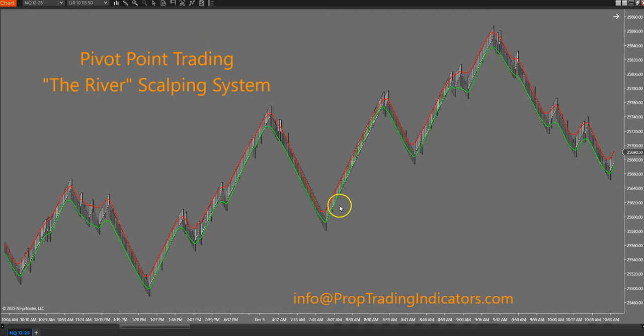This is like a textbook operation in the pattern that would qualify for the River trade. We have a certain style to the way the bars are closing prior to the reversal. We have a down candle and then an up closing candle with a tail. So everything is in place.